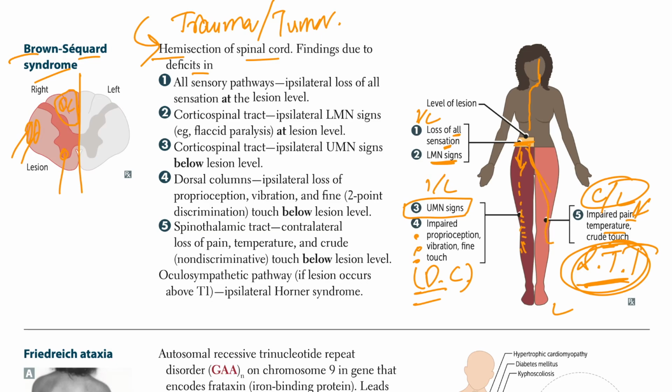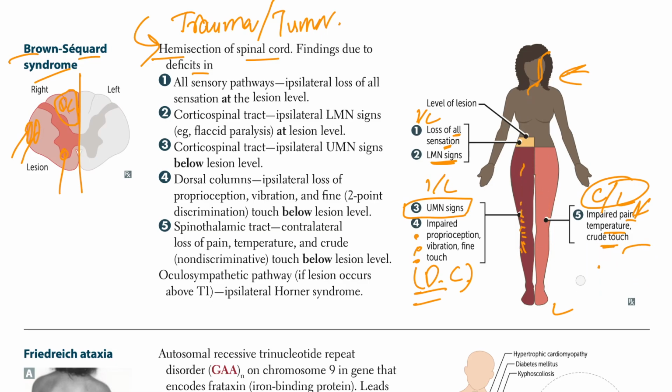For the dorsal column, it's going unilaterally all the way up and decussates in the medulla. For the upper motor neuron signs, you have the corticospinal tract coming from the cortex and decussating in the medulla, and then coming down that side. So it's already decussated. So again, keep things simple.